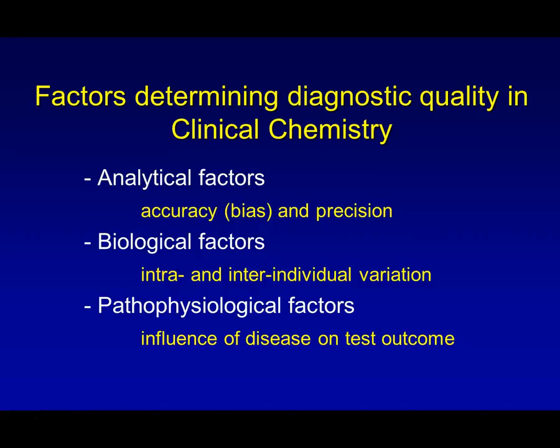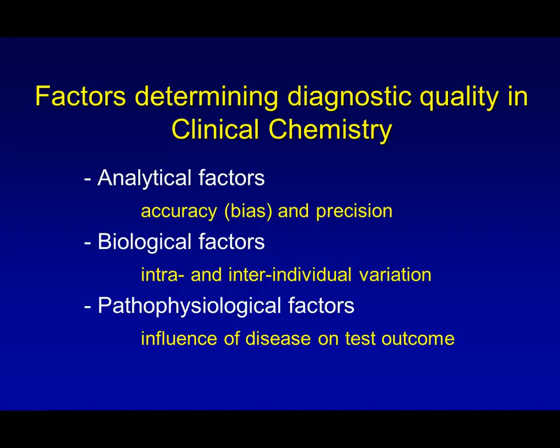What is important in diagnostic quality in clinical chemistry is actually divided into 3 parts. Analytical factors, meaning accuracy or bias, which is a deviation from the true value, and precision. Biological factors that are very important include intra and inter-individual variation.